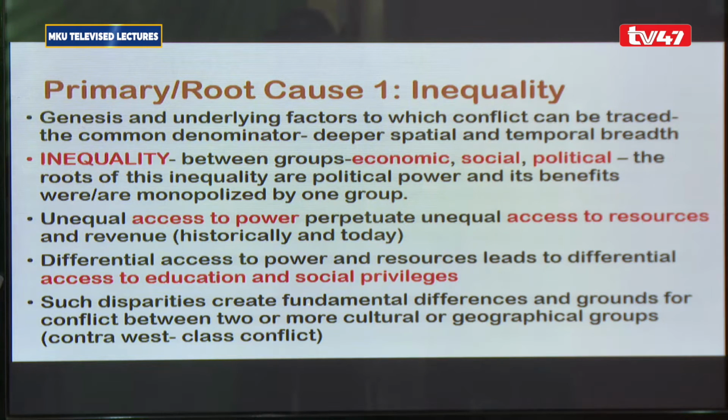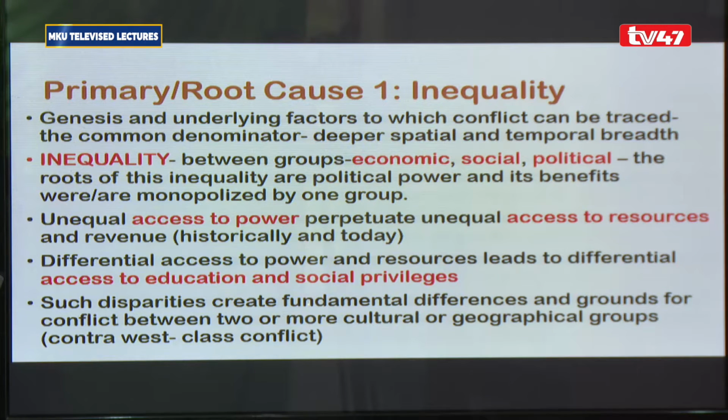This inequality, while it is rampant in all other parts of the world, in Africa has its genesis in the sense that Africa as a continent is so diverse and offers different opportunities that can be exploited by different groups of people for different reasons. So in terms of space, that's the geographical space, and also in terms of time, the causes of conflict in Africa that are linked to inequality have this deep time breadth that can be looked at.